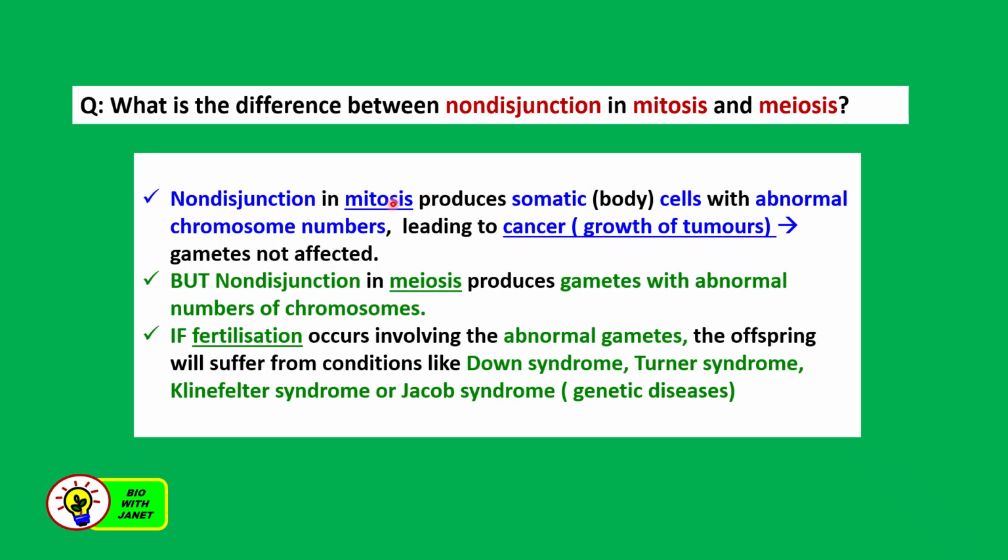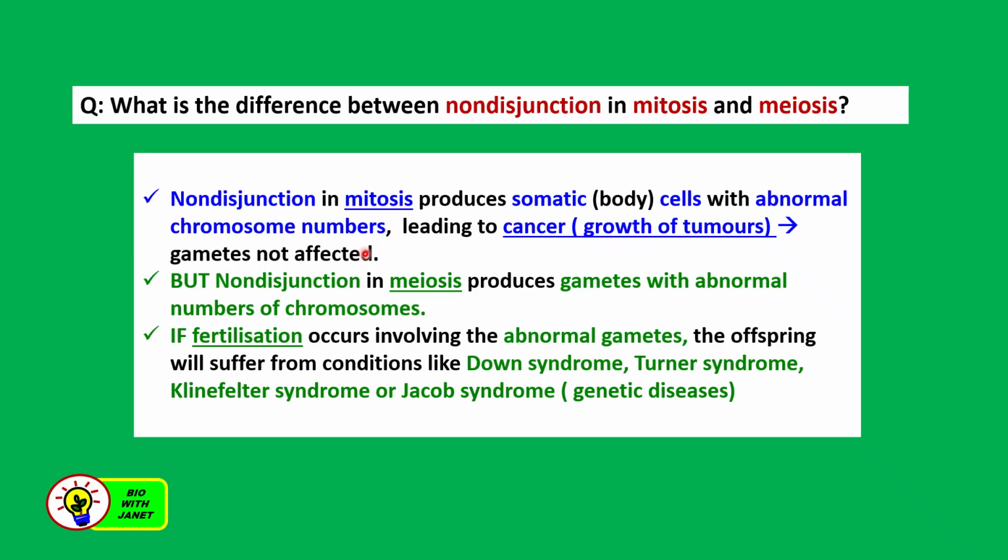But there's a difference between non-disjunction in mitosis and in meiosis. Non-disjunction in mitosis produces somatic or body cells with abnormal chromosomal numbers.